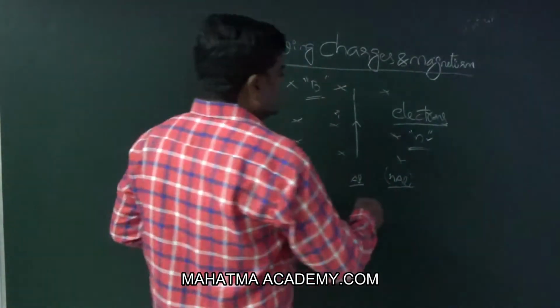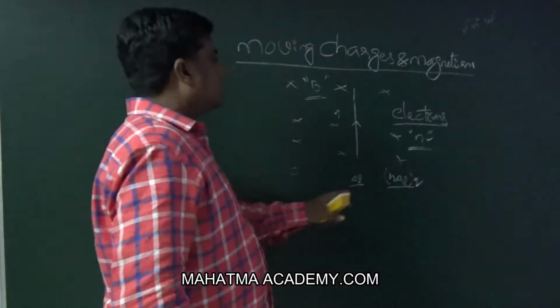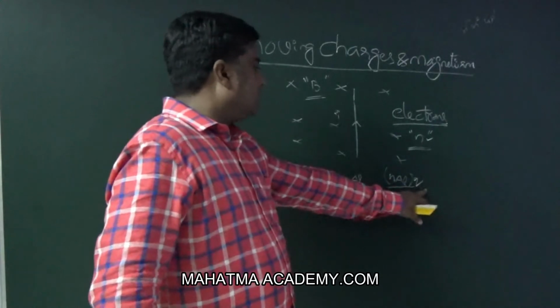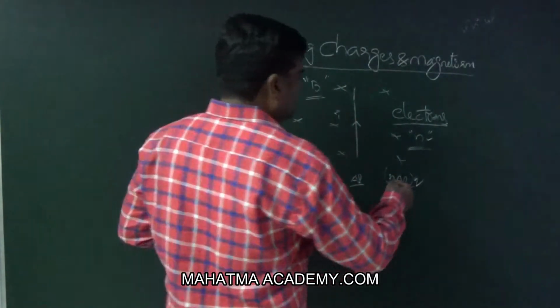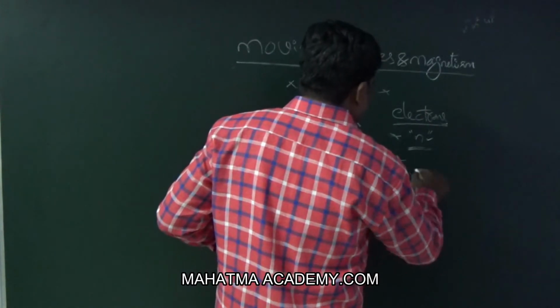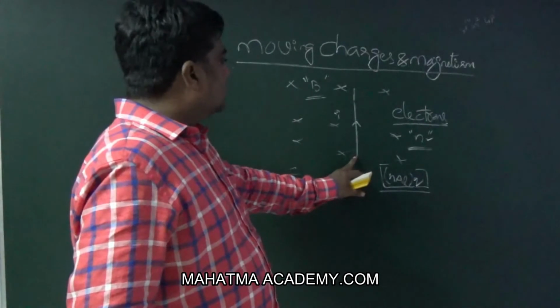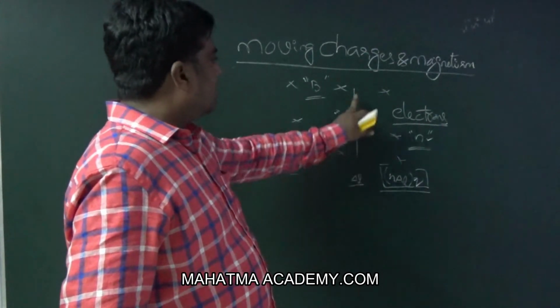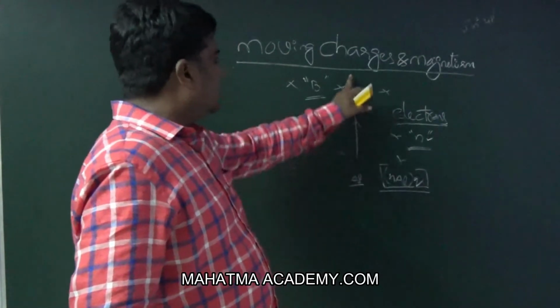What about the charge? The total number of electrons is multiplied with q. This is the total charge flowing in the conductor. What about the speed of these electrons flowing in the conductor?